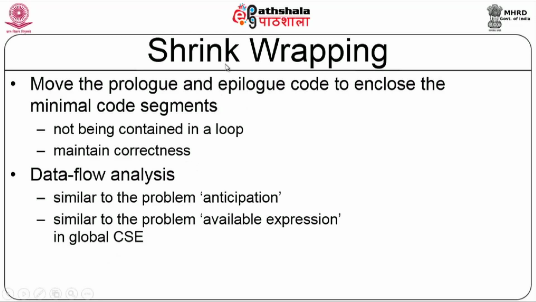Identifying the position of where to move your epilogue or prologue is the problem of anticipating a variable's information, or it can be looked upon as an available expression computation algorithm, as in global common sub-expression elimination. So, the position of the prologue and epilogue to be moved can be looked upon as a data flow analysis problem itself.